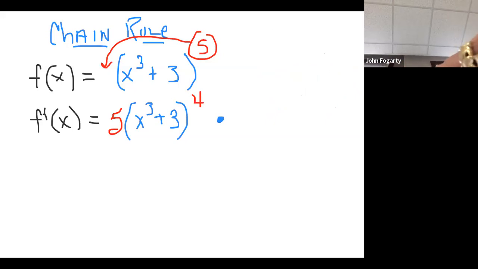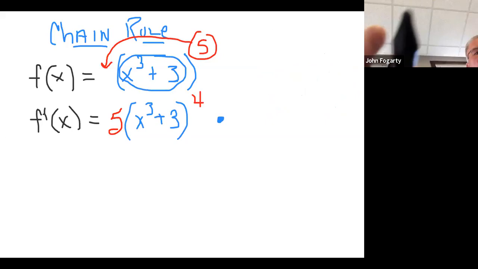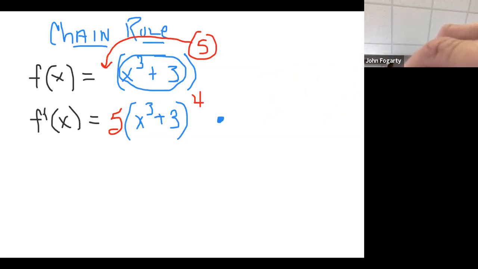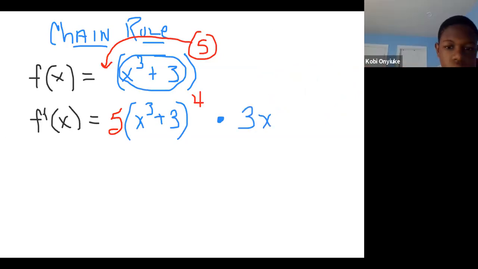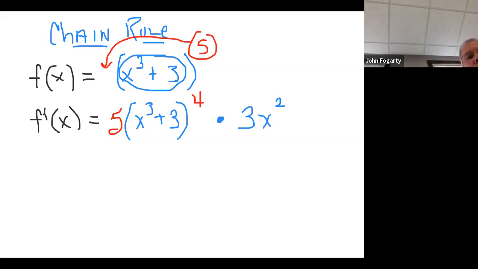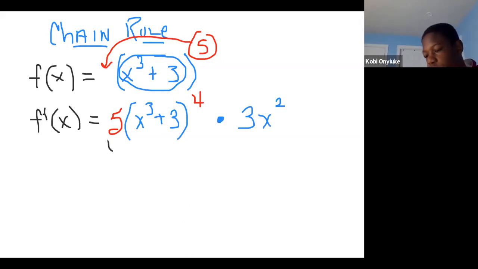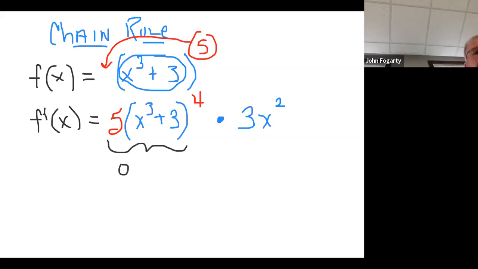What's the derivative of this? 3x squared. Done, right? Yes? So here's what we got. This is what we got when we did the outer function. This is what we got when we did the inner function.